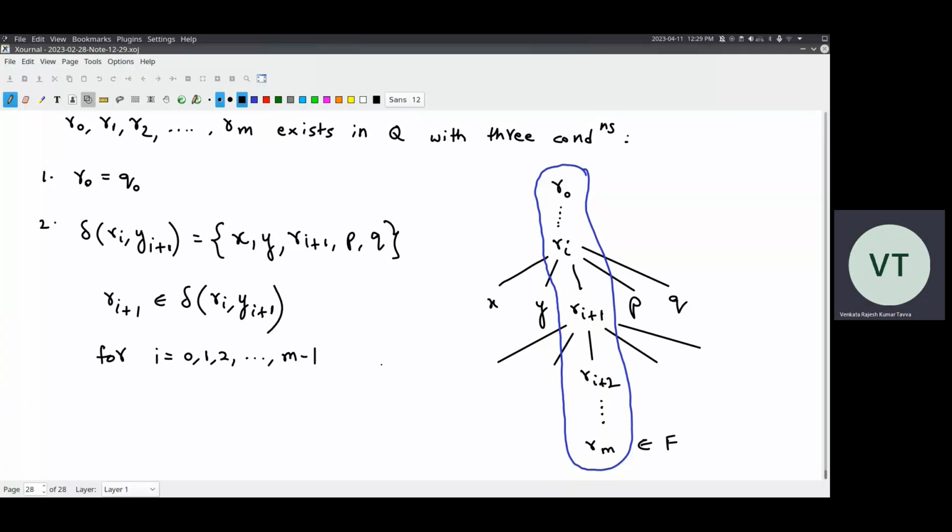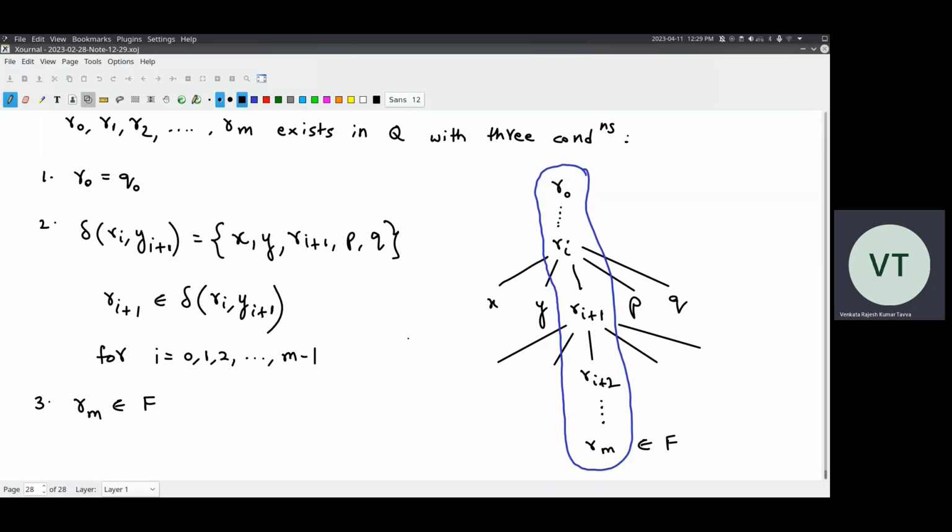All right, at the end, I reach some Rn, and that should belong to F. That's all. So this is the slight difference between DFA's second condition and NFA's second condition. All other conditions are the same.